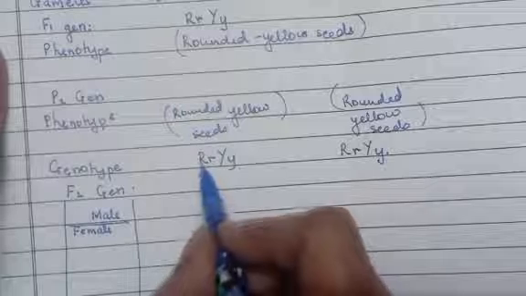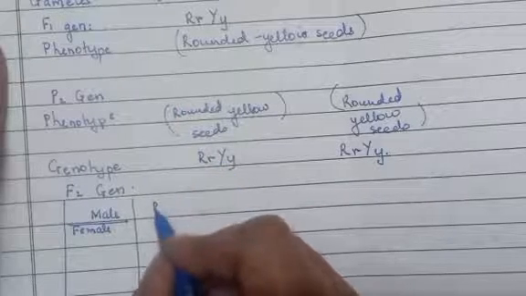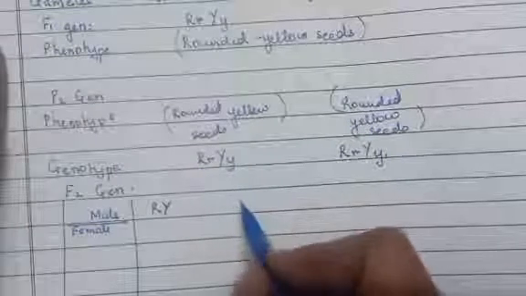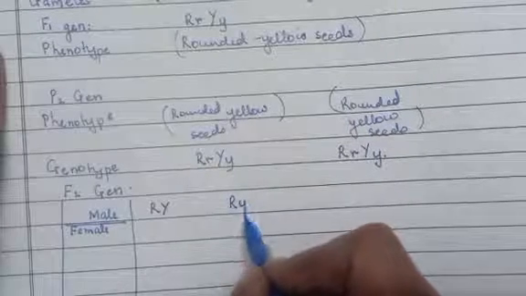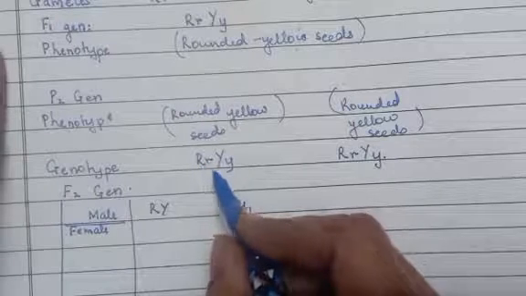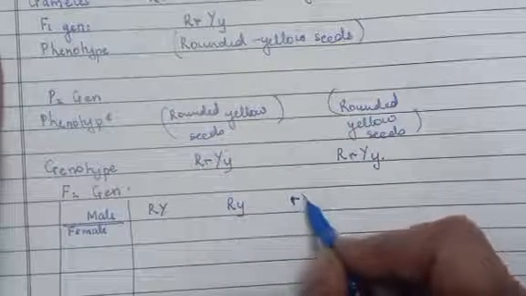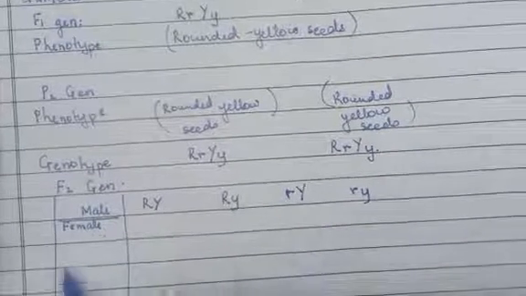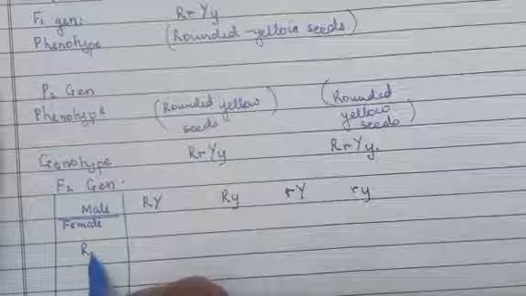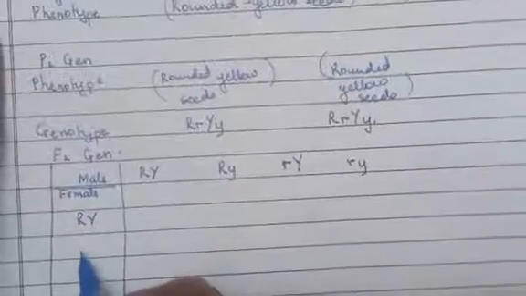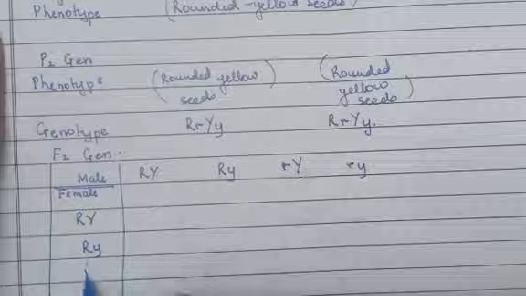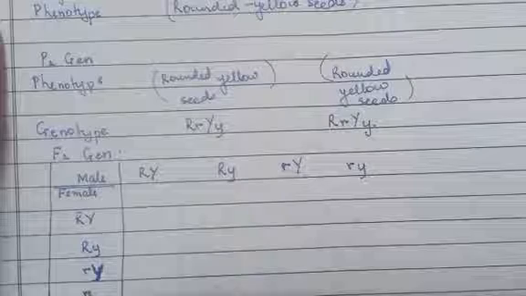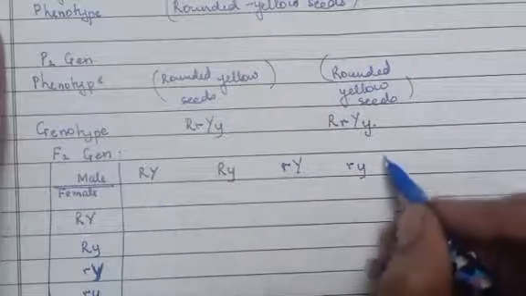So capital R, capital Y, capital R with small y. Now next is small r with capital Y and small r with small y. The same type of gametes will be in this column also. So R, Y, R, y, r, Y, and small r, small y. The same thing has to be repeated.